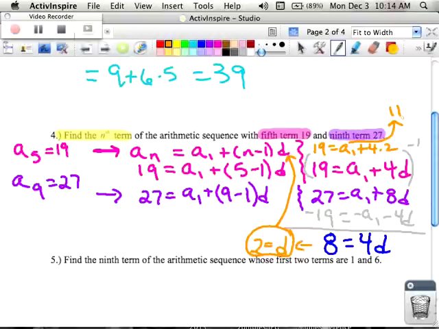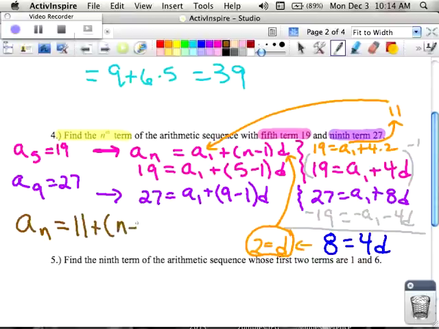And that 11 now goes in for my a1. And the whole goal of this problem was to say my a sub n equation is equal to 11 plus n minus 1 times 2.